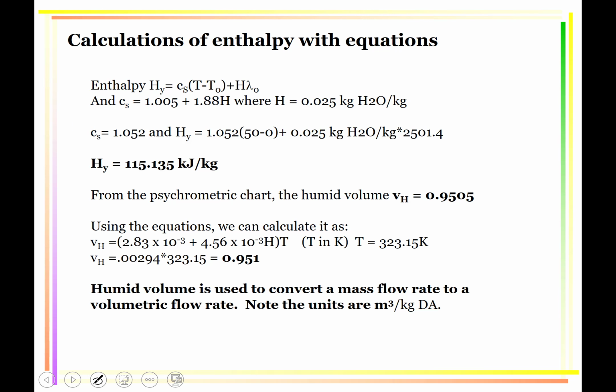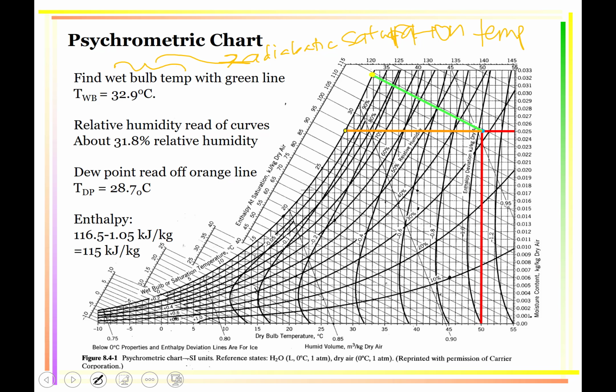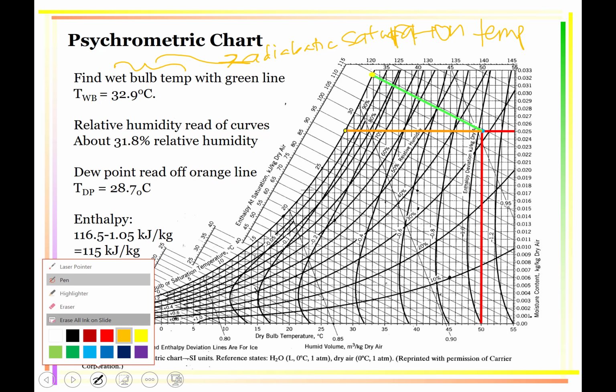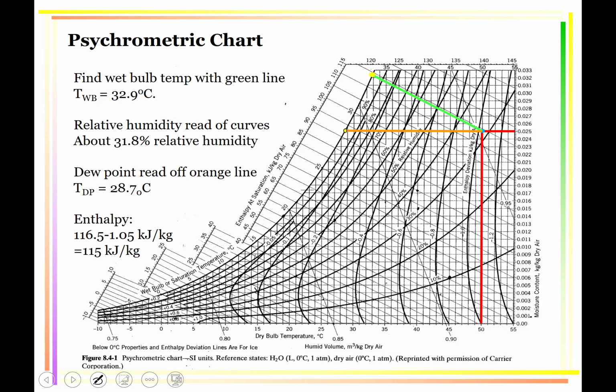You can learn all this actually reading the book, but I'll try to explain this to you this way. So the adiabatic saturation temperature is found. This is our state. We're going to just ride up these diagonal lines, and those diagonal lines are the adiabatic saturation lines.